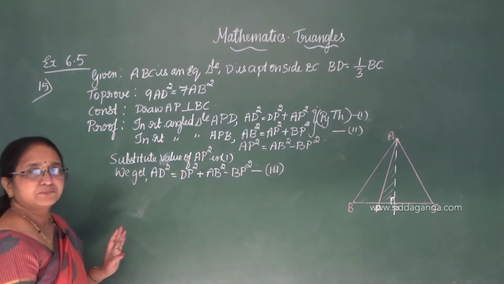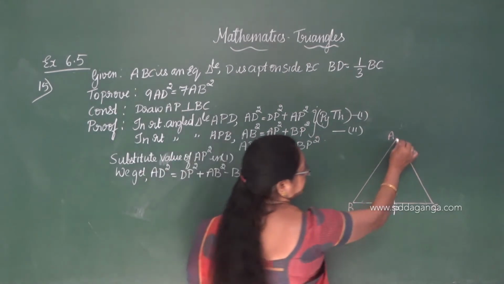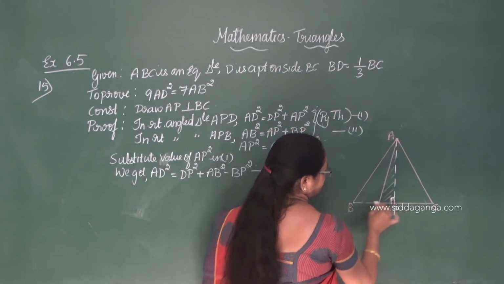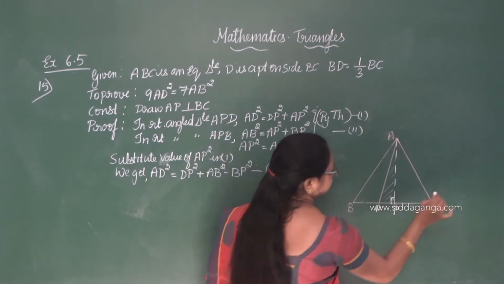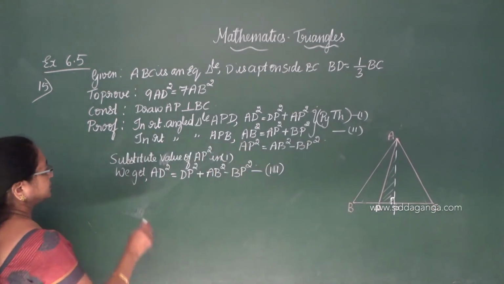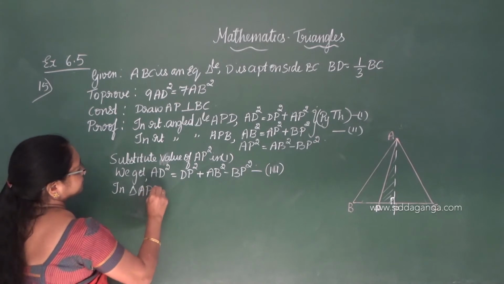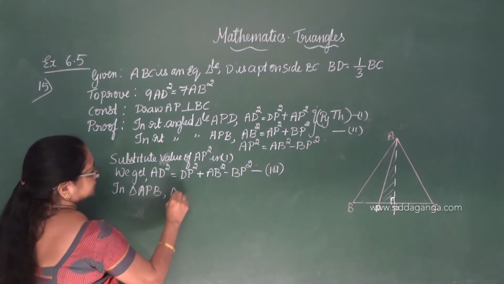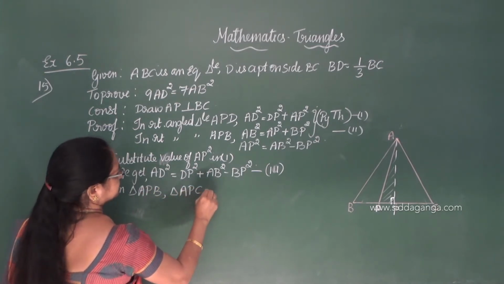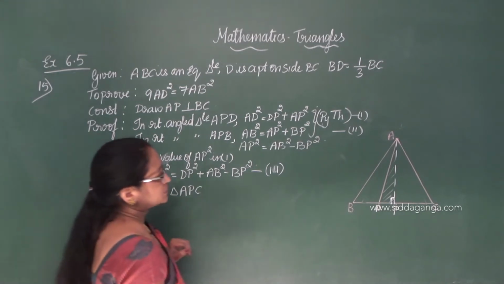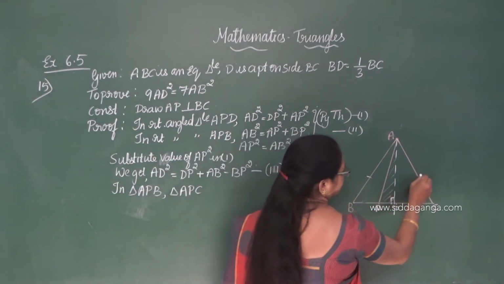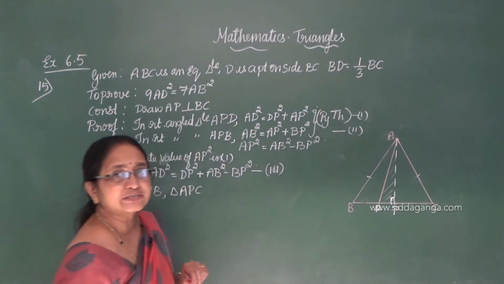Now we will compare triangle APB and triangle APC. Since ABC is an equilateral triangle, these two sides are equal.